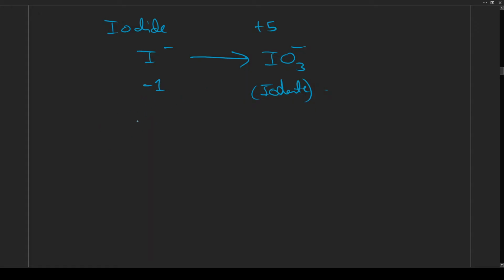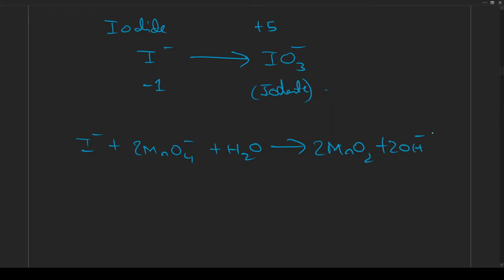The equation is I minus plus 2MnO4 minus plus H2O gives 2MnO2 plus 2OH minus plus IO3 minus.